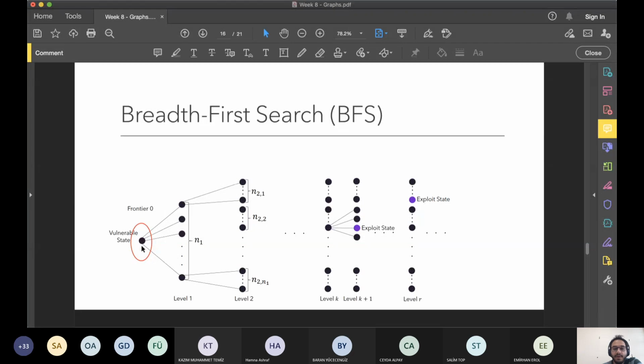I will show you another example. This is the same example that I have. This graph is again where each node is connected. Here, this is our frontier 0, just the initial node, or initial vertex.